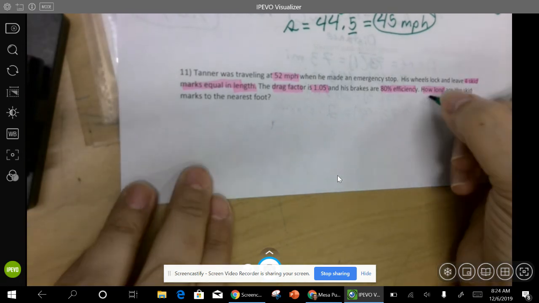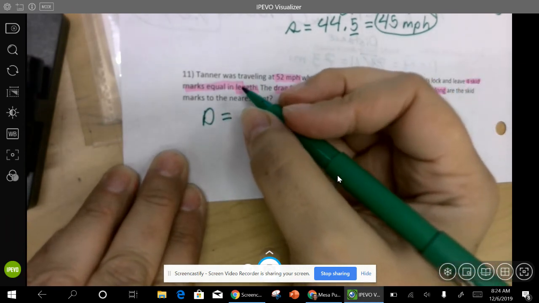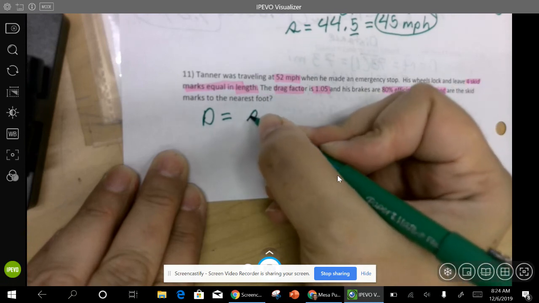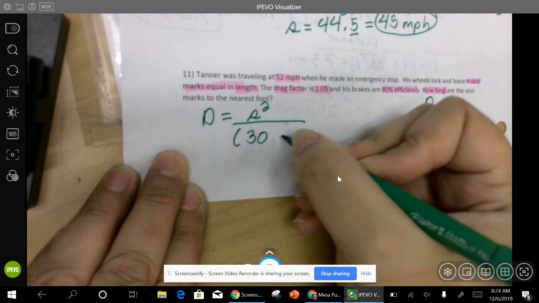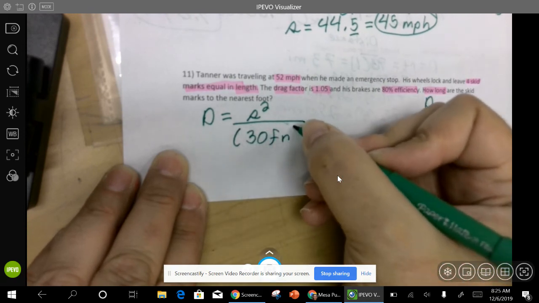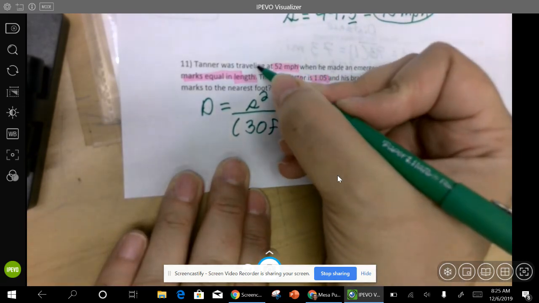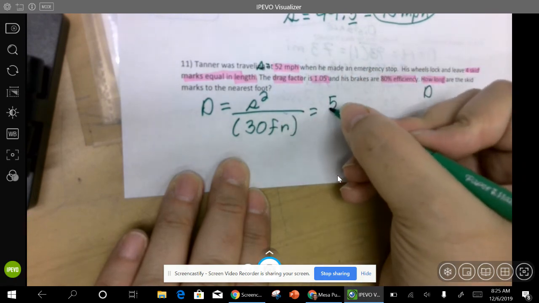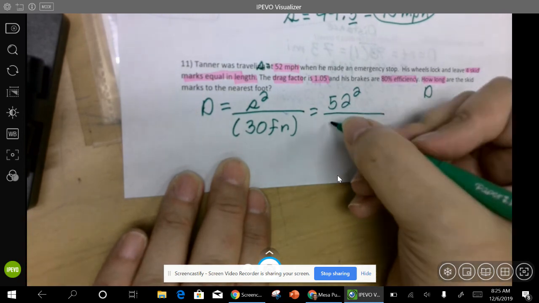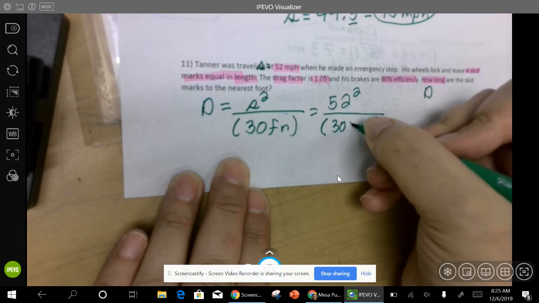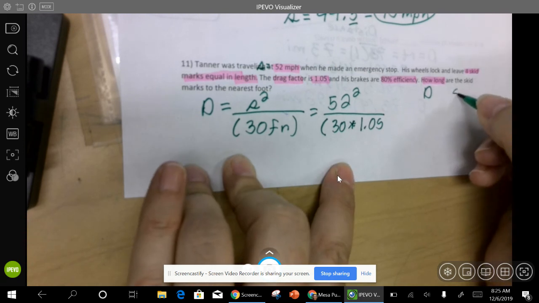That means, everybody, that we're solving for D. We're going to use the formula D is equal to the speed squared divided by, and you do need parentheses for this, 30 times the drag factor times the braking efficiency as a decimal. So we have the speed, 52 squared. Everybody, you do need to do math frac or N over D for this. Parentheses, 30 times 1.05, and 80%.